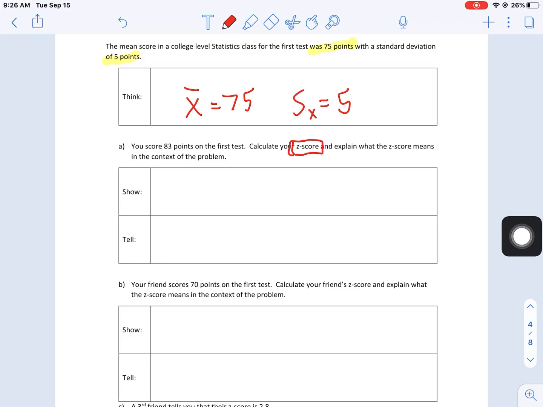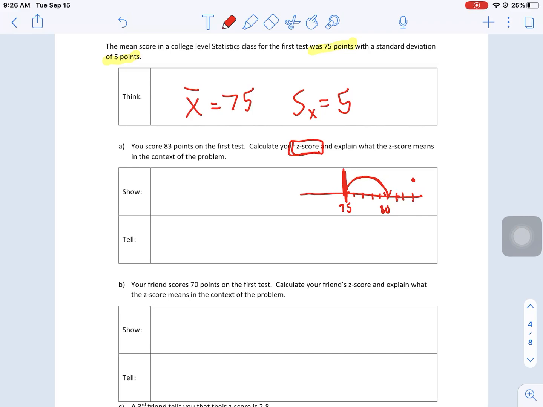From the lesson that we did in class today, you should remember that z-scores are basically how many standard deviations away from the mean you are. So if I put 75 here as the mean, 76, 77, 78, 79, 80, 81, 82, 83. If 75 is the mean, and one standard deviation is 5 points, well, if I was at 80, I would be one standard deviation away.